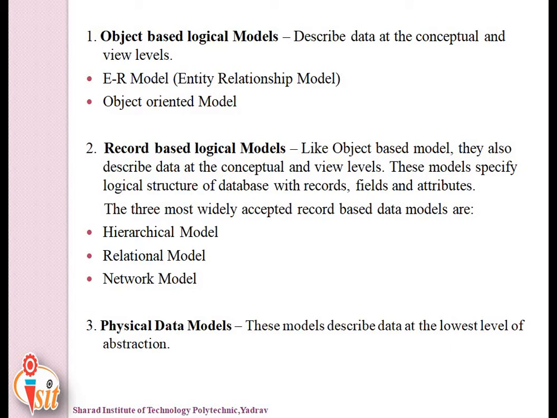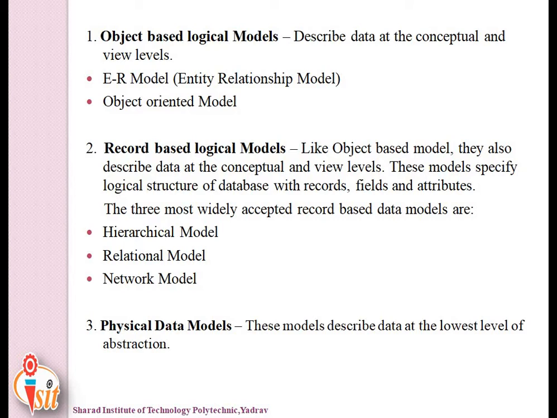The three most widely accepted record-based data models are: first, the hierarchical model, then the relational model, and the network model. In this, we have to study the hierarchical model and network model in detail for our course. And the third one is physical data models.